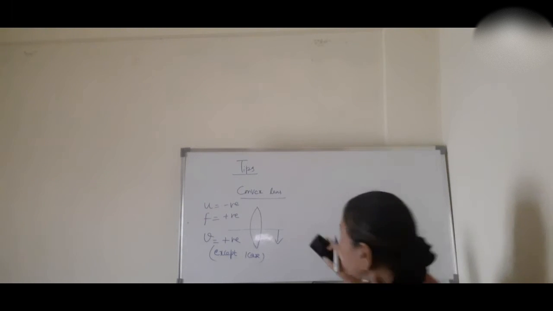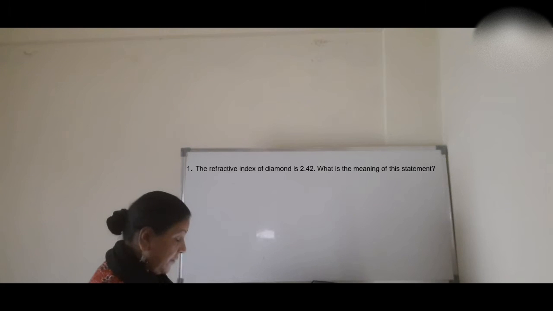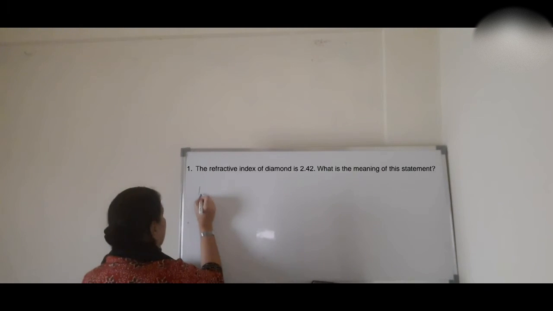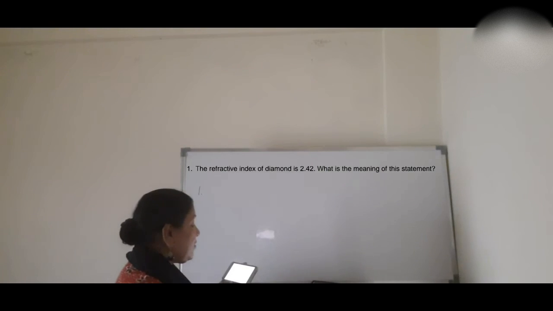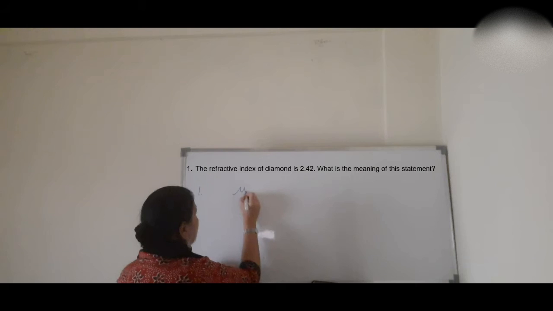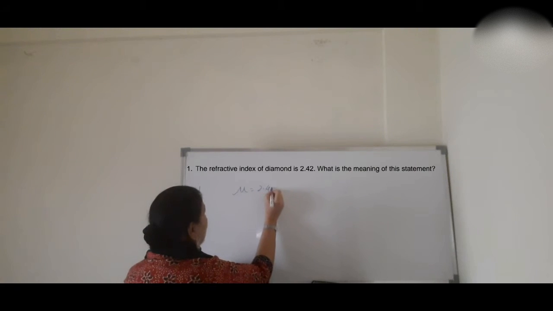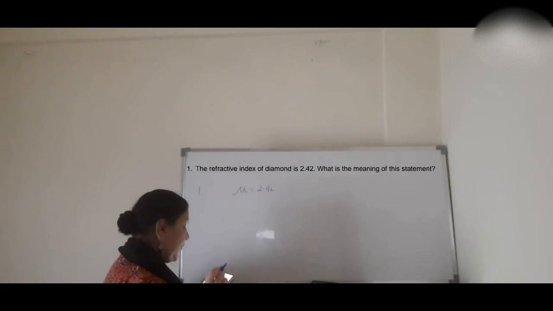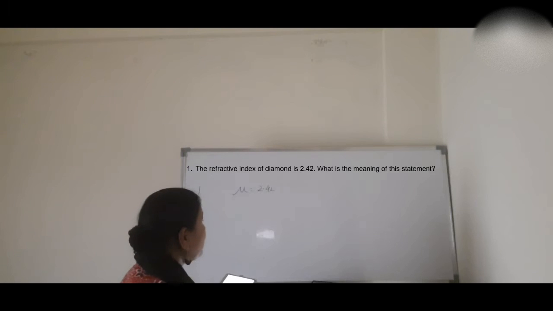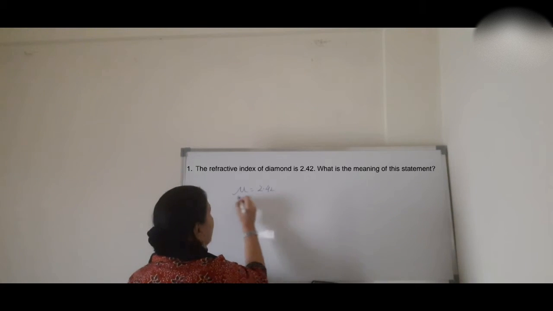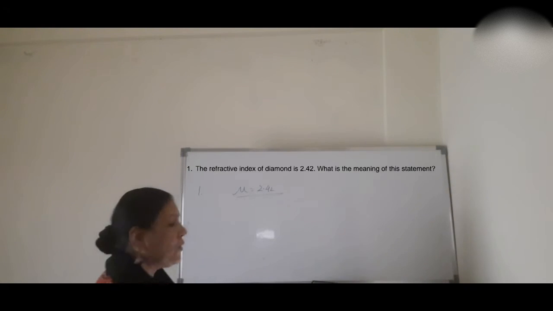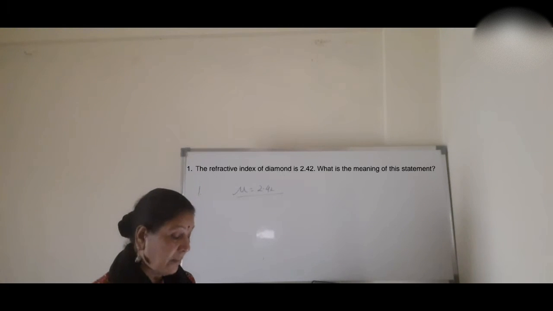So let's start. This is the first numerical. The refractive index of diamond is 2.42. What is the meaning of this statement? If n or mu is given as 2.42, what does it mean?